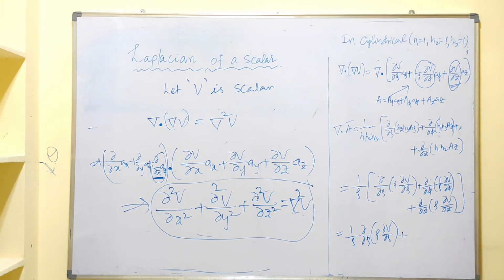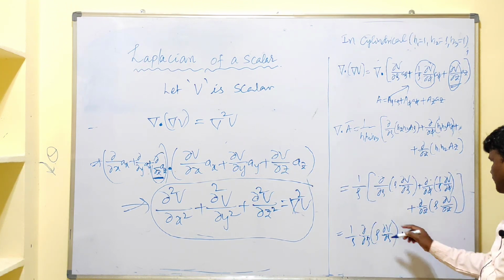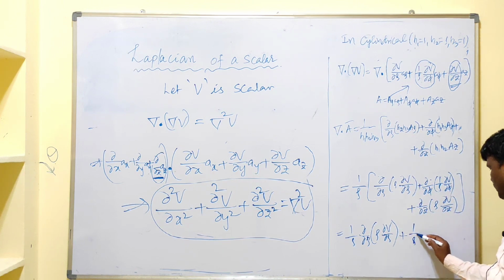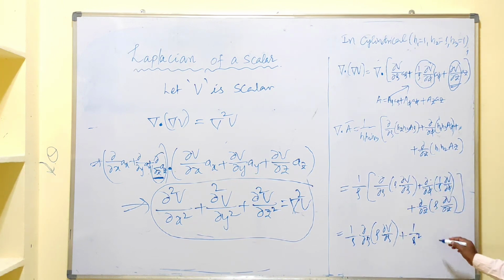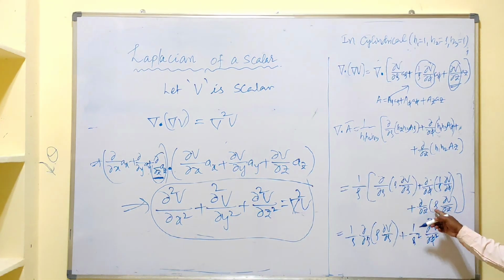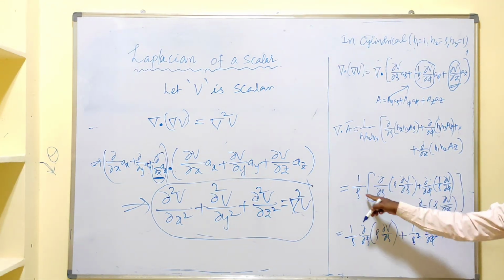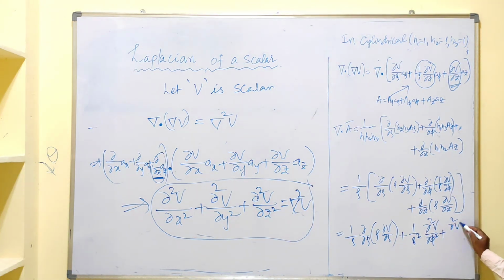Next, this 1 by rho, here 1 by rho means 1 by rho into 1 by rho squared, since it is partial differentiation, ∂²V/∂phi². And the last one, here partial differentiation with respect to z, that means rho gets cancelled out, 1 by rho cancelled out, finally we got ∂²V/∂z².